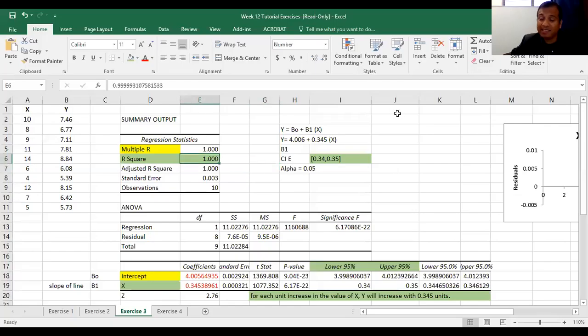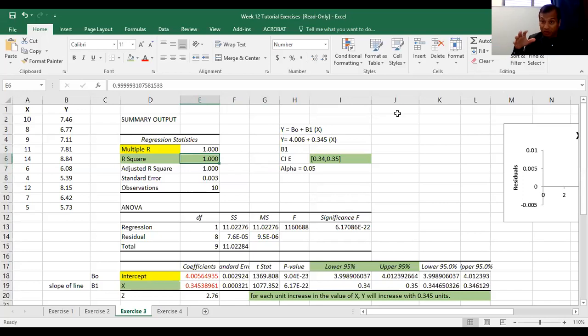So what do you think? In this case, is X a good predictor of Y or not? 100% of the changes in Y are explained by X, which means it's a very strong predictor. It's very, very strong because it's 100%. In the case of 100%, there is no other predictor, I mean to say.